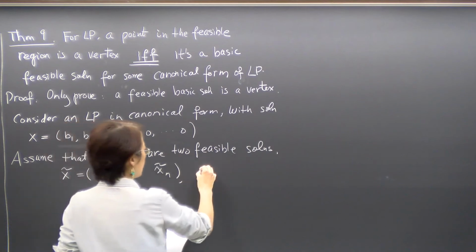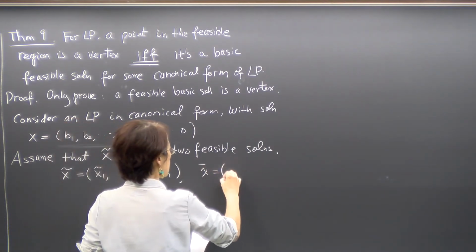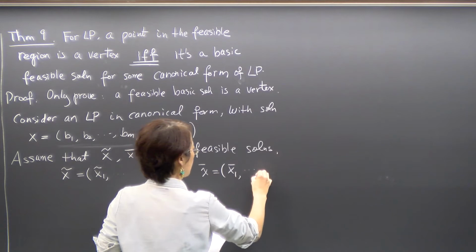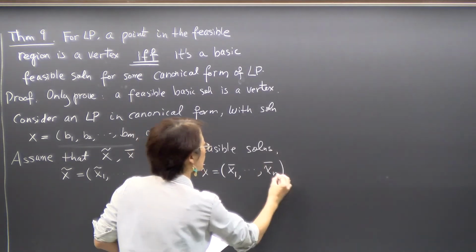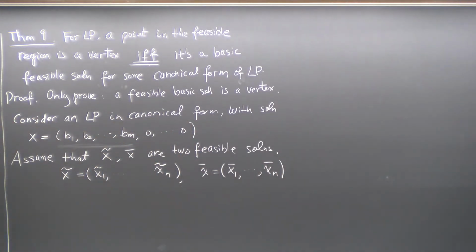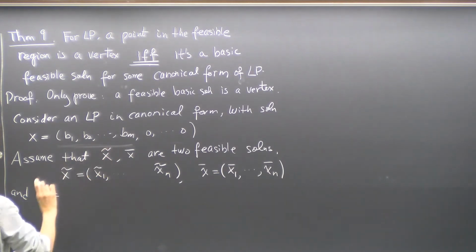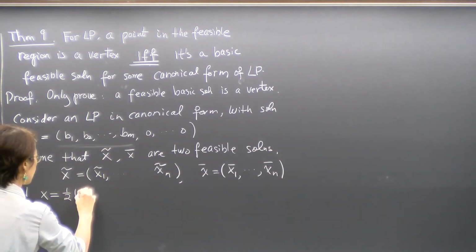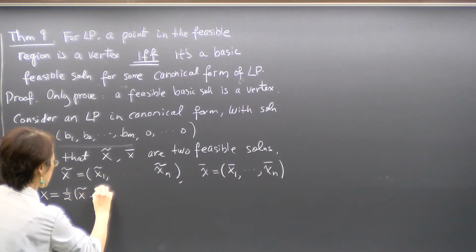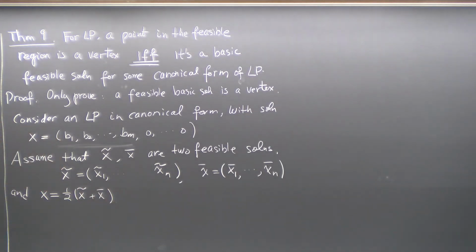I have n of them, and x bar is the same. And I assume that my solution x is a midpoint, so x equals half of x tilde plus x bar. Can I assume that? Then I will eventually show x tilde must equal x bar, equal to x. That's my goal.